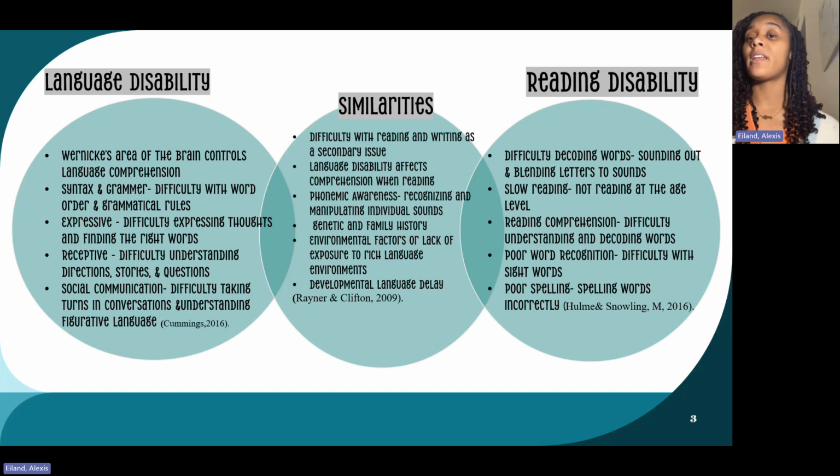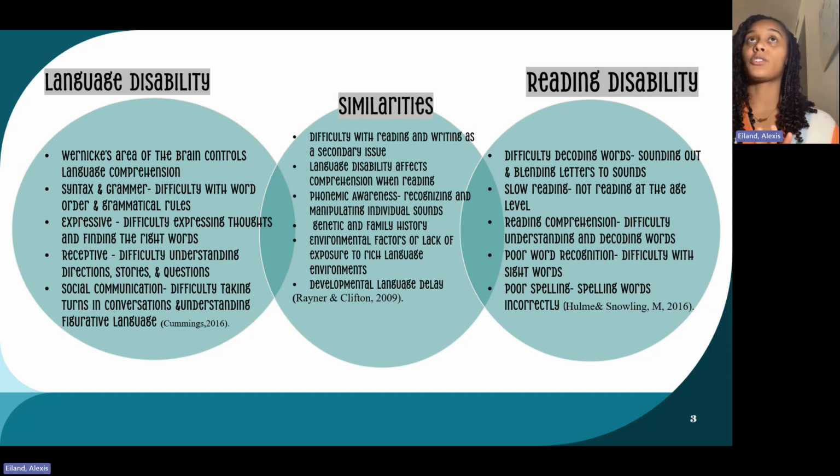It can also be a genetic or family factor. If a close family member, like a parent or a sibling, has a language or reading disability, nine times out of ten, the person in that family is going to be experiencing the same issues. Also, exposure to rich language environments.